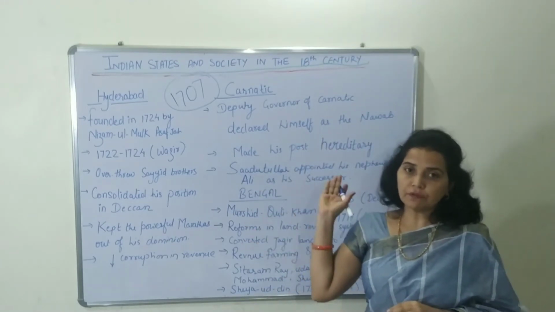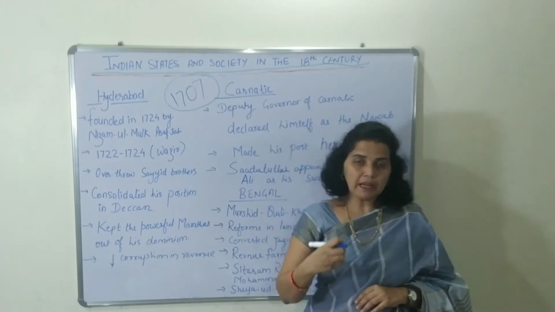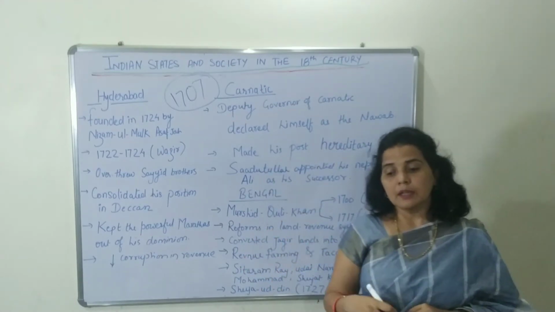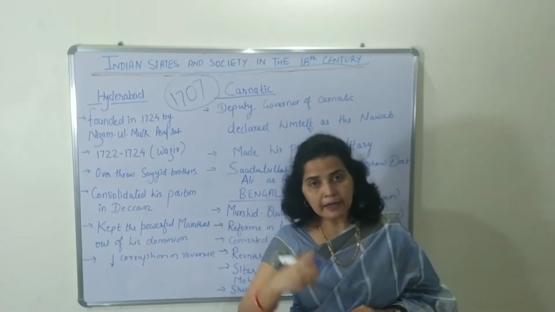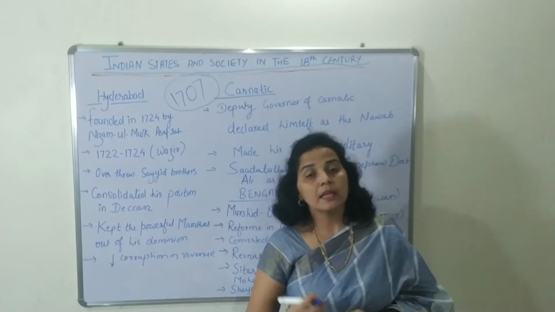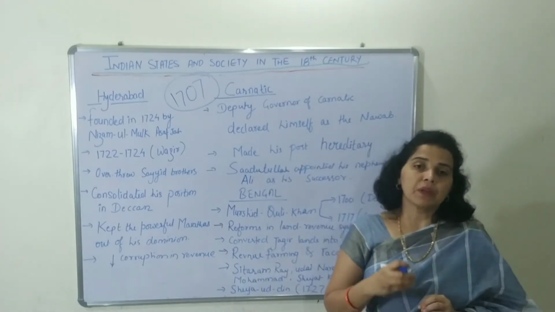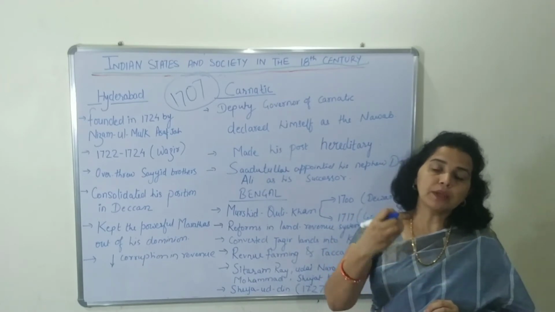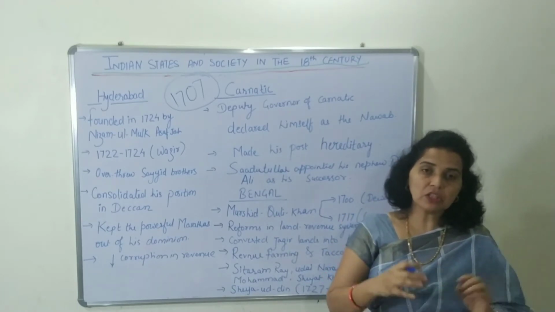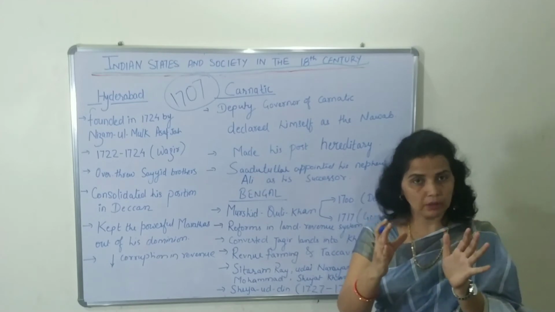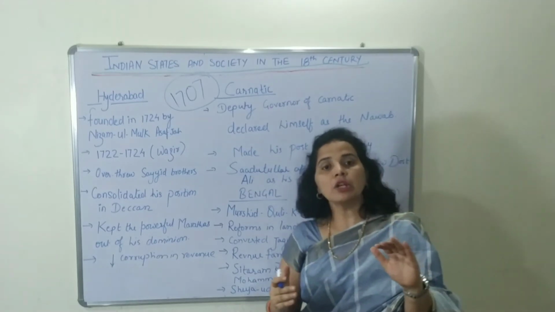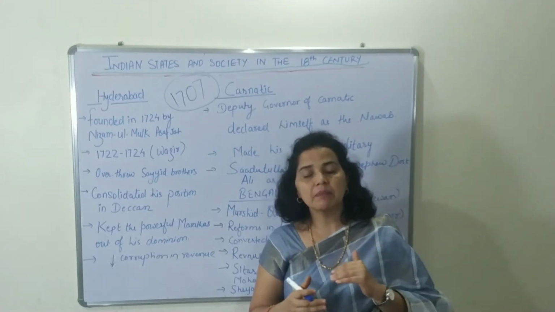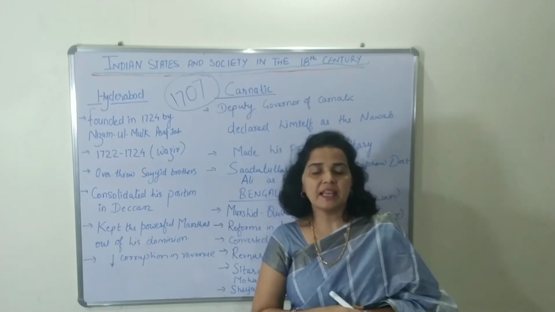So with the rise of these powerful states, they dealt with those people with an iron hand, curbed these revolts and petty fights, and consolidated their position. But the condition of the peasants remained vulnerable, very poor.